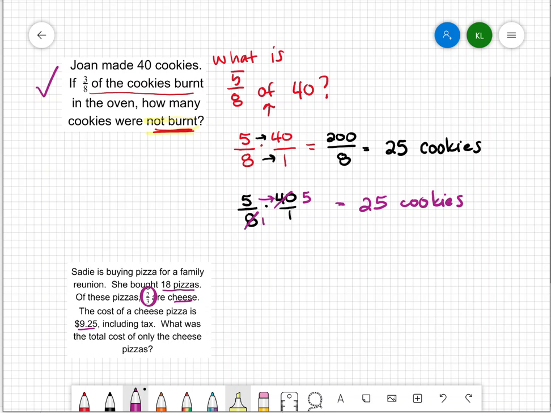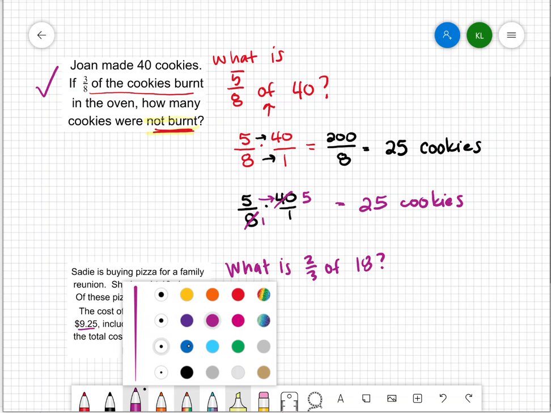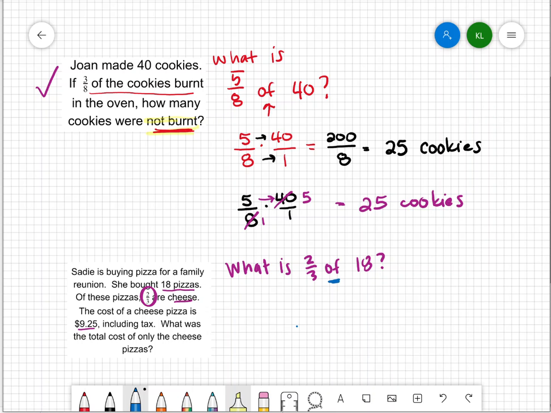So again, the first question that you're really asking yourself is, what is 2/3 of 18? And the word "of" tells us in math to multiply. So 2/3 times 18. And again, I can write that as 18 over 1.